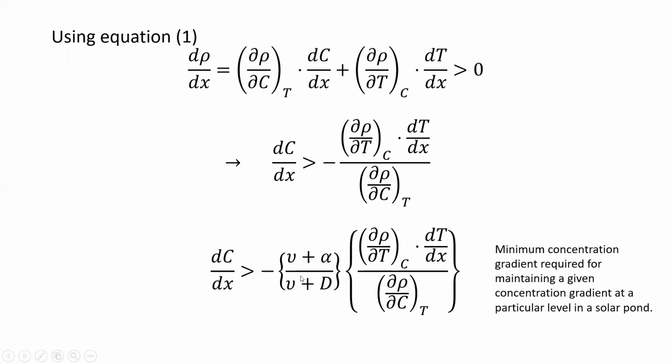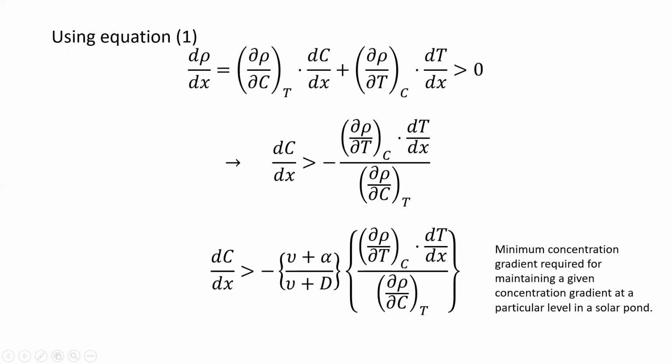From a slightly more sophisticated analysis, which considers the effect of small perturbations, dc by dx is greater than minus dou rho by dou t at constant concentration into dt by dx, divided by dou rho by dou c at constant temperature.